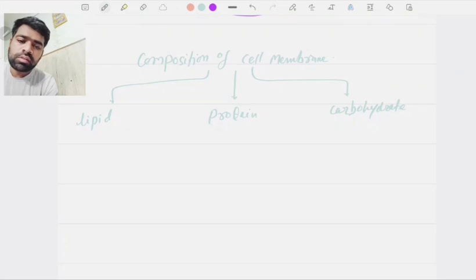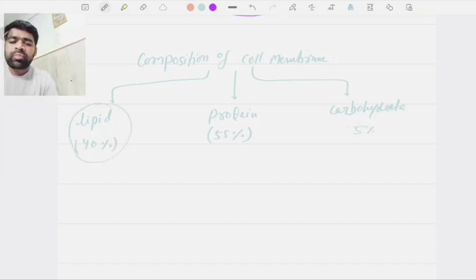The major component is protein at 55%, lipid 40%, and carbohydrate 5%. Firstly we will discuss lipid.